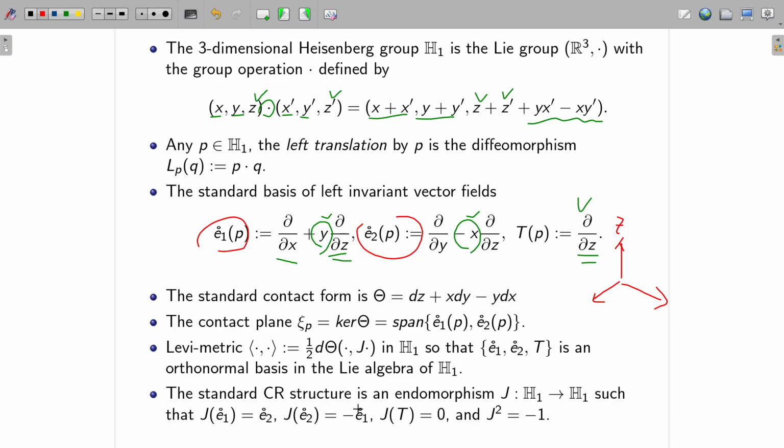The standard CR structure is an endomorphism J, defined in the whole space such that J rotates E1 to E2 by 90 degrees, and E2 to minus E1. For the T direction, it vanishes. And J squared is equal to minus 1, which is an almost complex structure on the contact plane. So just remember that the contact plane is spanned by E1 and E2.